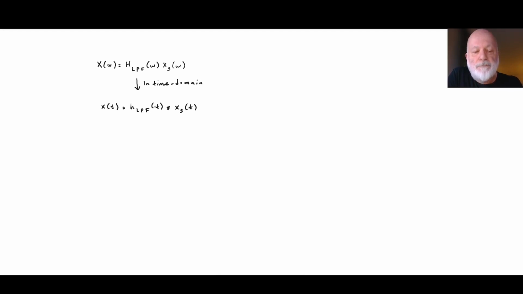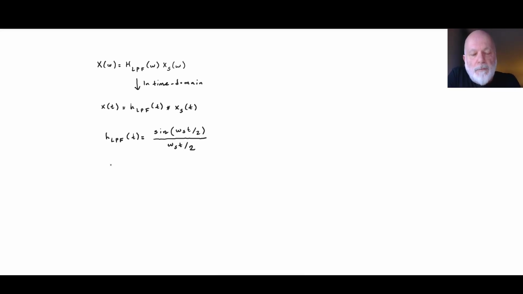where small h sub LPF of t is the impulse response of the ideal low-pass filter. And we have calculated the impulse response of the ideal low-pass filter as sine omega s t over 2 divided by omega s t over 2.